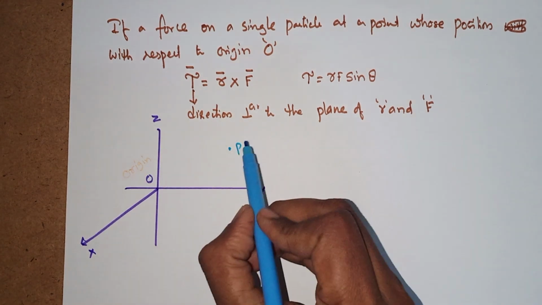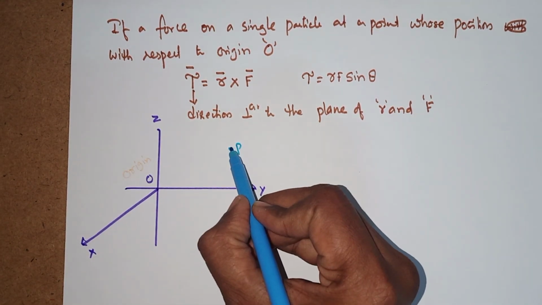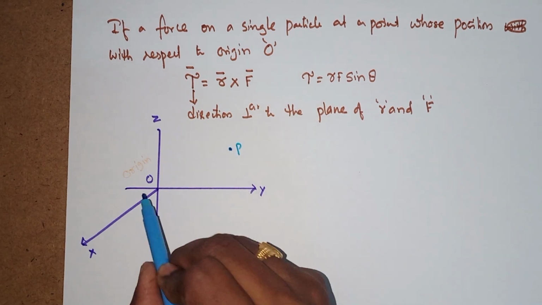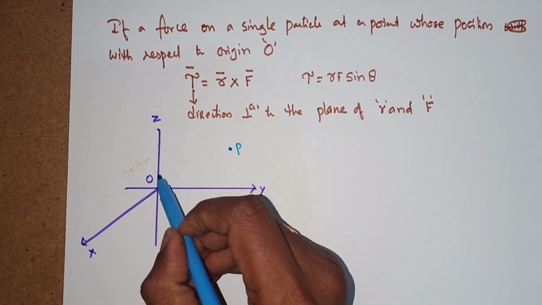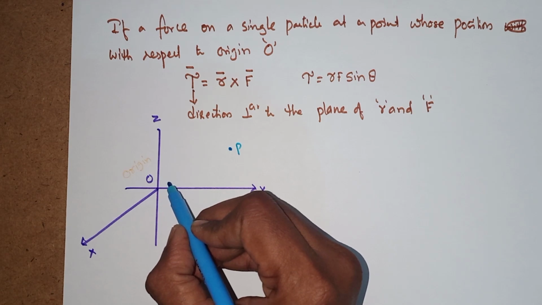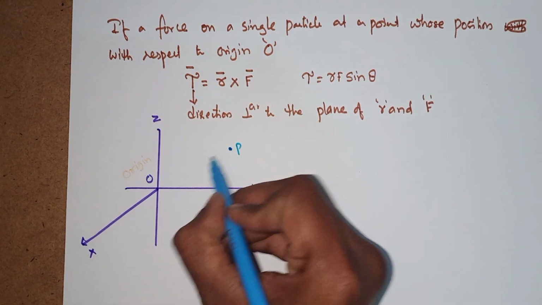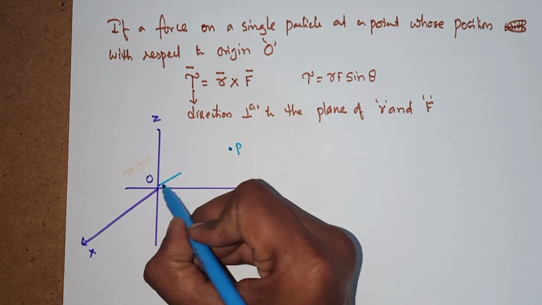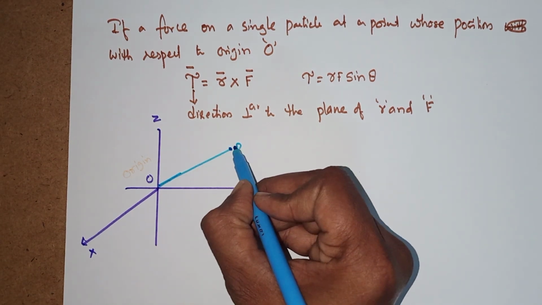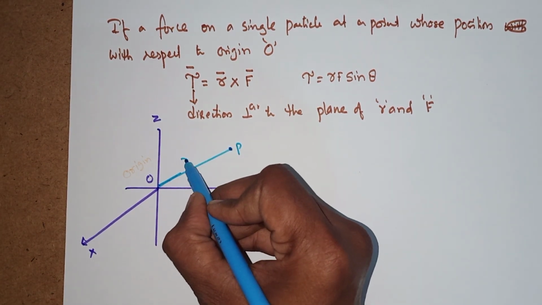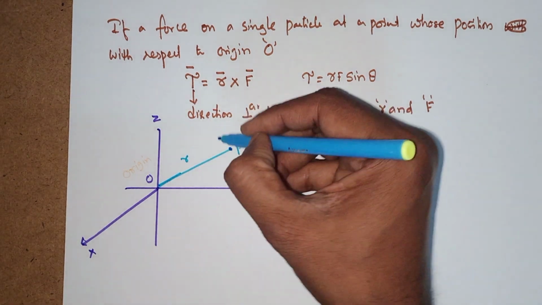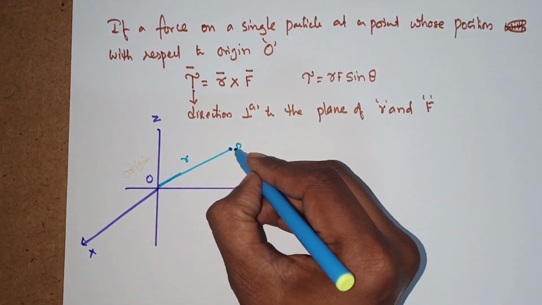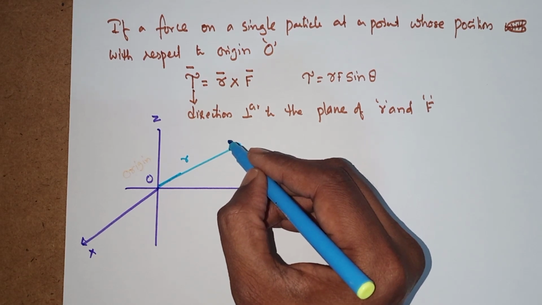Say this is a simple body, and particularly we choose a point P with respect to the frame of reference coordinate axes. The point is chosen such that the distance from the origin is r, which is called the r vector, and at that point on the body we try to make it rotate.